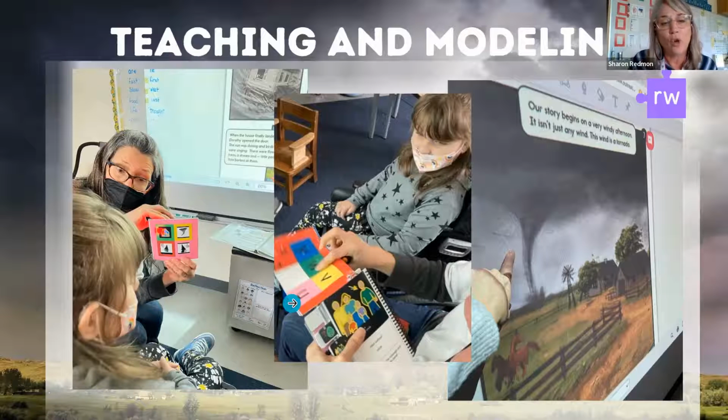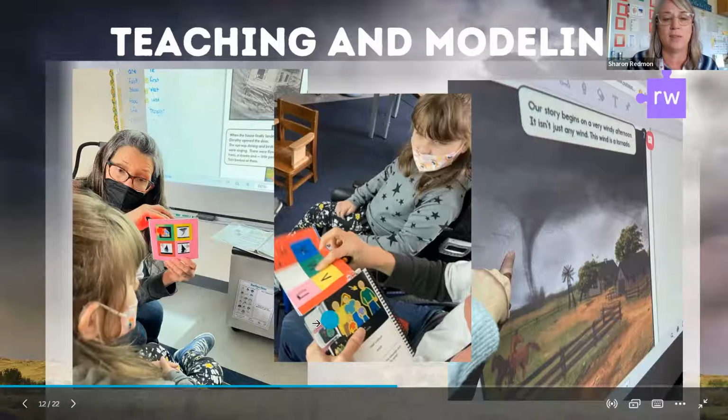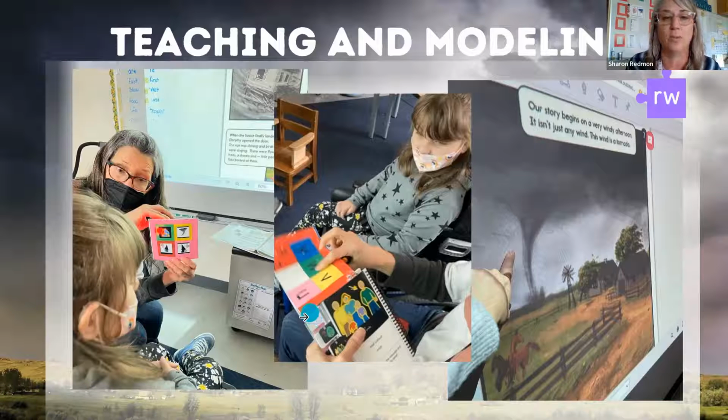This is her partner-assisted one-page pod book that we used with her as well. To help her engage, we would use the pod for core, talking about core words and modeling those core words with her.